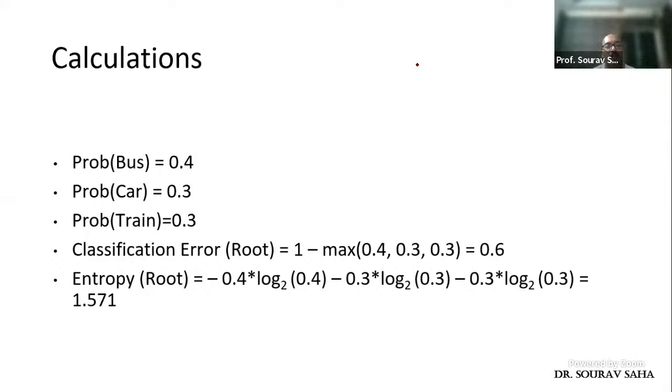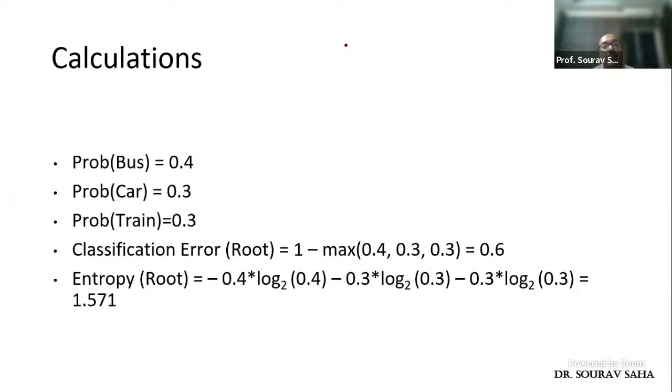My question to the class: we just discussed that the entropy value will lie between 0 and 1. How come it is 1.57? Have we made some mistake? People have given the correct answer: because we have taken log to the base 2, we are getting a value more than 1.